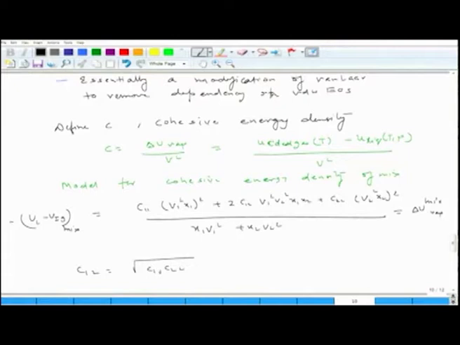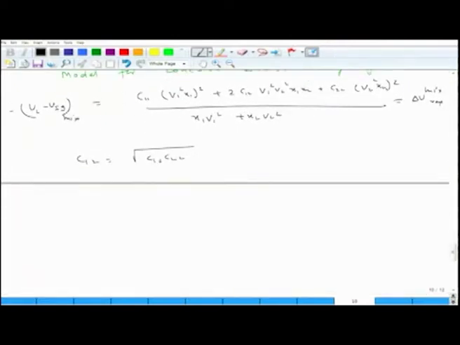Now, this can be further simplified. One of the important things in this case is that we have considered Vx to be 0, and Sx is of course 0, remember that. In order to simplify, we define a term called volume fraction of component i, which is phi i equal to xi vi divided by x1 v1 plus x2 v2.